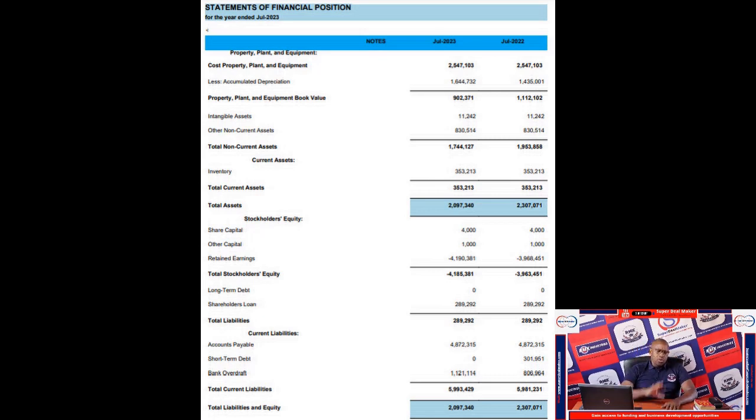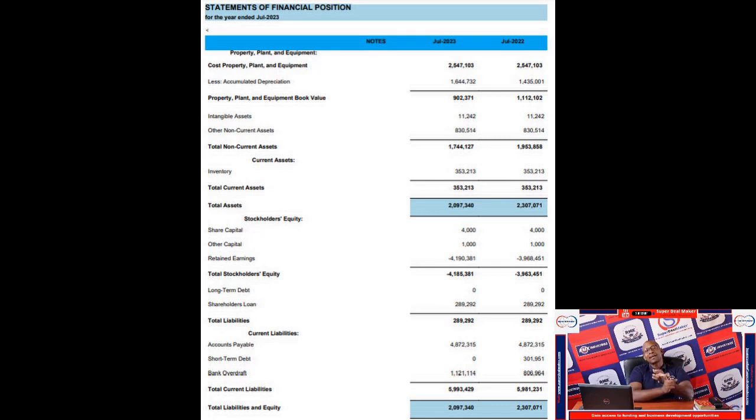Now, which assets are part of your current assets? Remember, when we looked at the balance sheet, I showed you the long-term assets, or the non-current assets, and I showed you the current assets. So on the current assets, you're going to have the stock. You have the debtors.